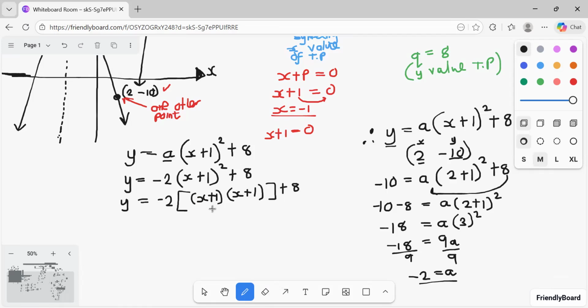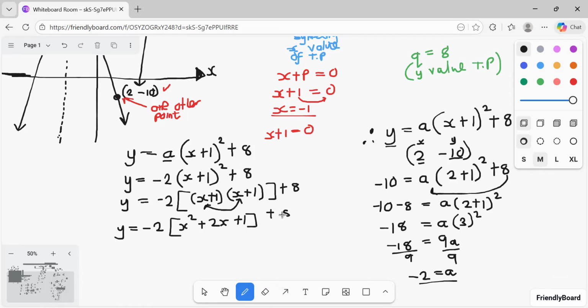When I expand these two brackets together, let me put the negative 2 outside of the bracket. They are going to give me x squared plus 2x plus 1, then plus 8.